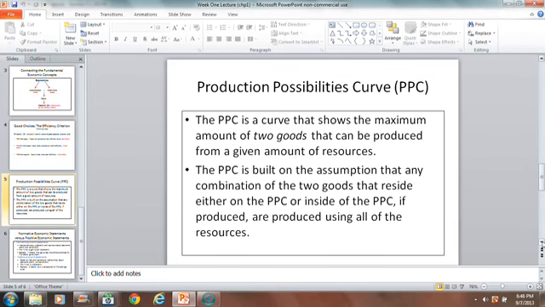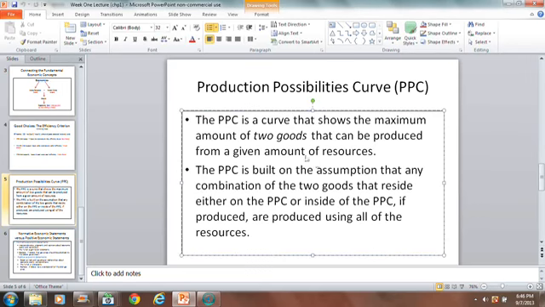The production possibilities curve can be defined as a curve that shows the maximum amount of 2 goods that can be produced from a given amount of resources. Right from the definition, I get a sense of scarcity, where it refers to a given amount of resources, which tells me that there is some resource limitation.